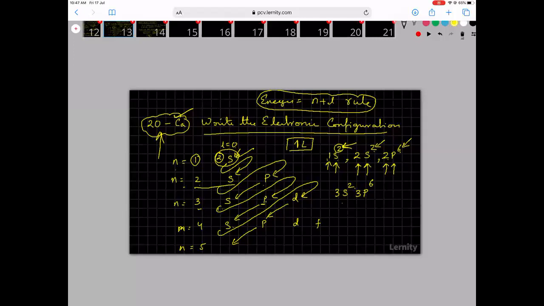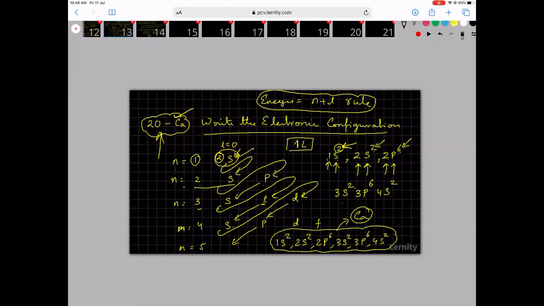After 3p it will come to 4s. So 4s2. Now I have filled 20 electrons. So the electronic configuration for calcium is 1s2, 2s2, 2p6, 3s2, 3p6, 4s2.